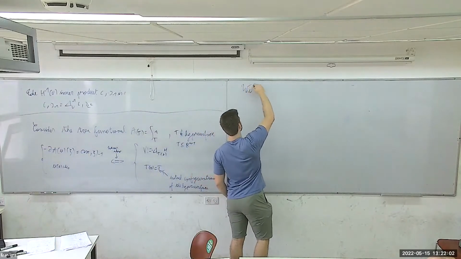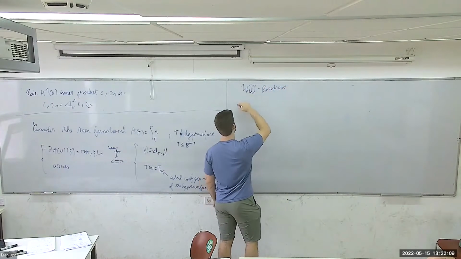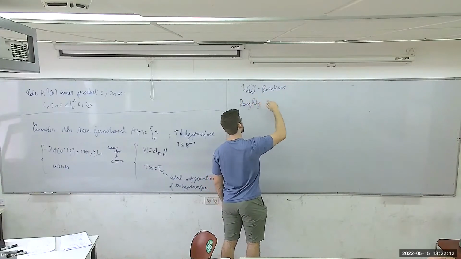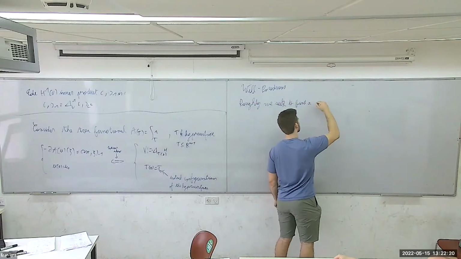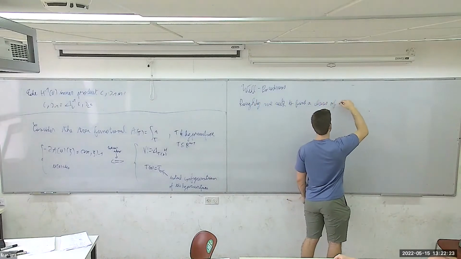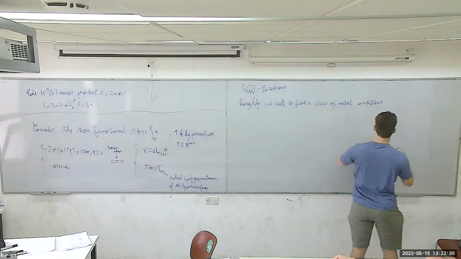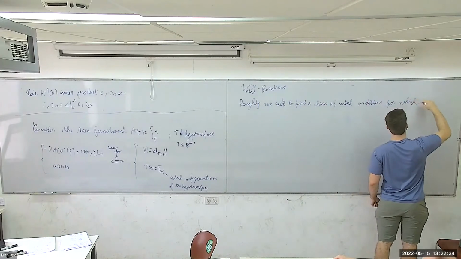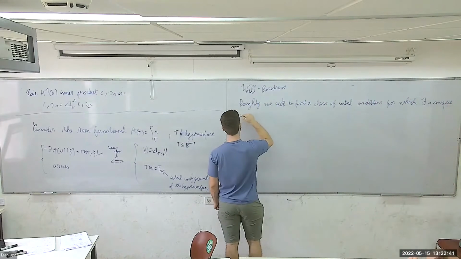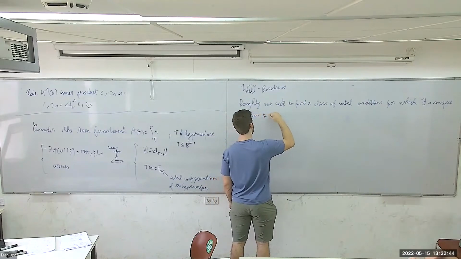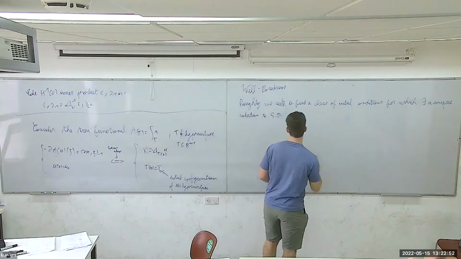So we seek to find a class of initial conditions for which there exists a unique solution to the PDE of surface diffusion in some specified spaces.